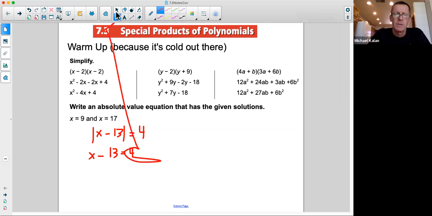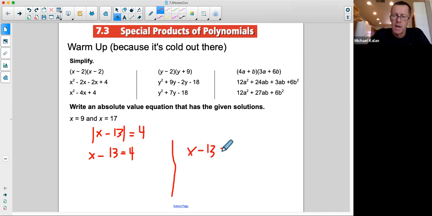Whoa, that's not good. Let's get rid of that. What's the other equation? Remember? x minus 13 equals what? Yeah, the opposite, right? Because if x minus 13 is equal to negative 4, when I take the absolute value of it, it's still going to equal 4.